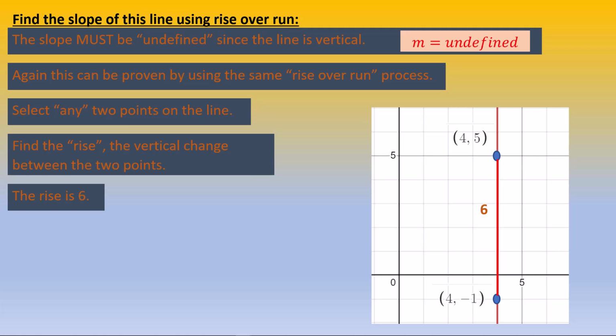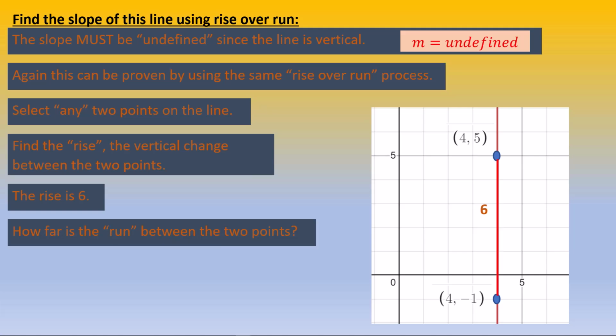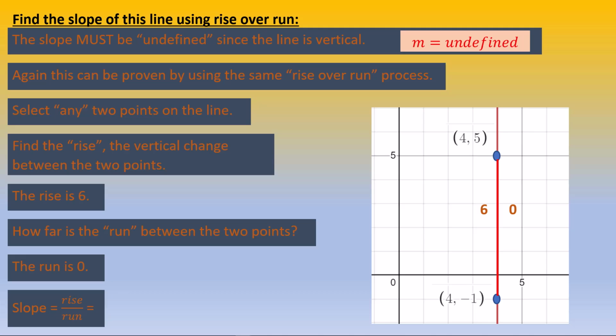The rise, in this case, is 6. How far is the run between the 2 points? The run is 0. There is no change. So the slope, rise over run, is 6 over 0. Well, m is undefined because you cannot have 0 as the denominator, and so the slope here is undefined.